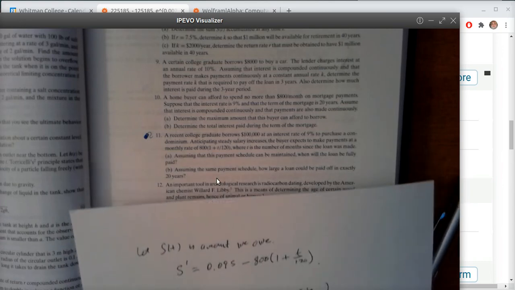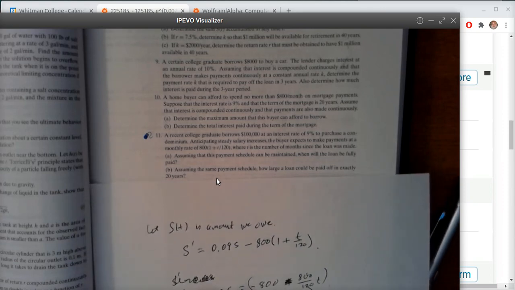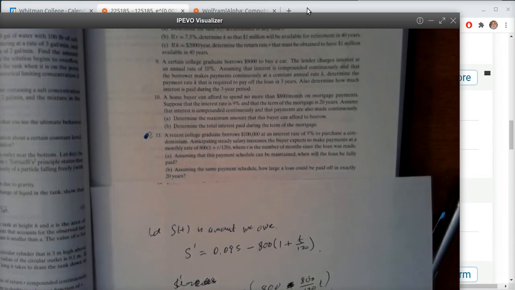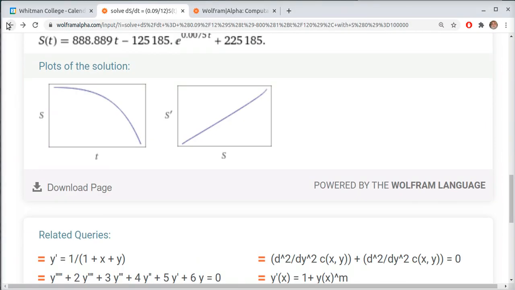Assuming the same payment schedule, how large a loan could be paid off in exactly 20 years? So how am I going to set that up? Well, my differential equation is the same. The only difference now is that the initial condition is unknown.